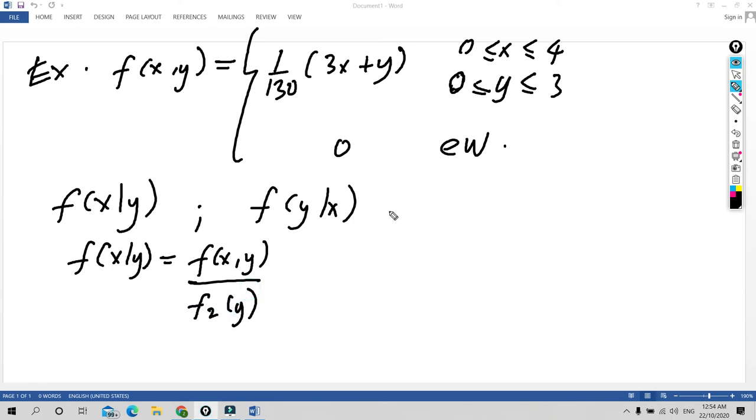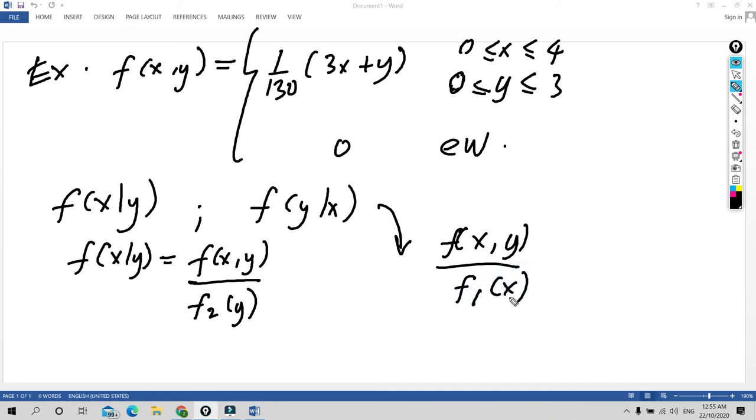Then f of y given x is equal to f(x,y) divided by f sub 1 of x.